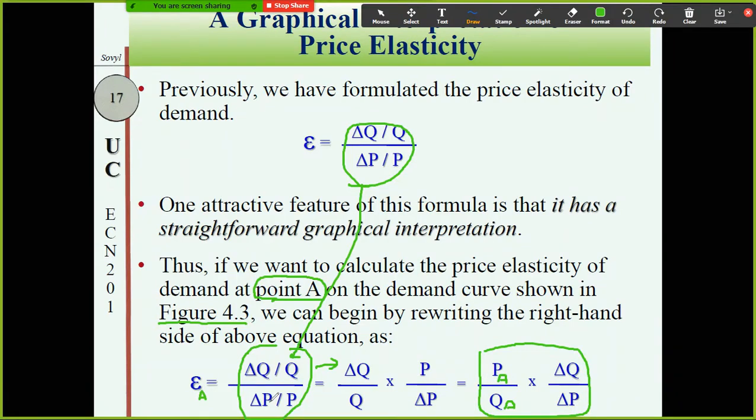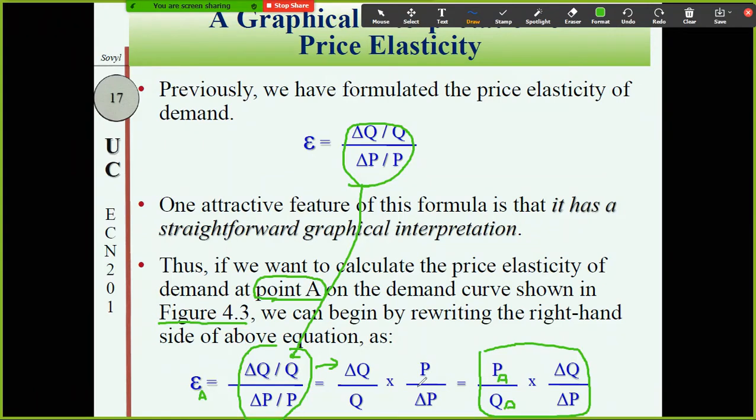Based on the mathematical rule, the first fraction divided by the second fraction means we take the first fraction multiplied by the inverse of the second fraction. We keep the first fraction the same, but multiply by the inverse.